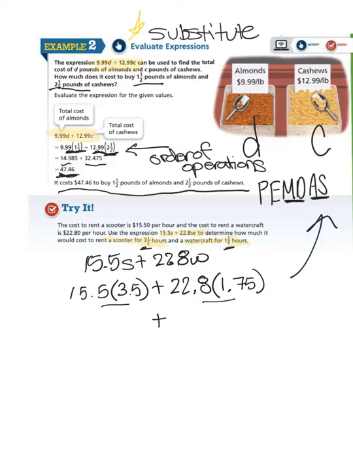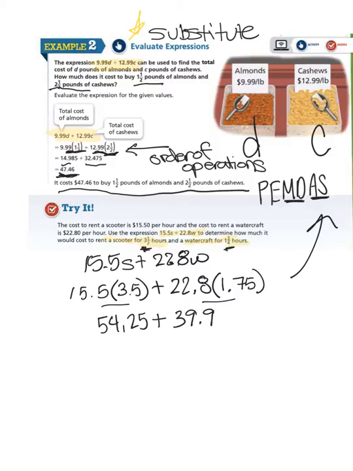So, I highlighted all the important parts. I rewrote the expression. Then I changed my fractions into decimals. Plug them in where they belong, and now I'm going to multiply. All right, so then we come up with 54.25 plus 39.9, or 90.